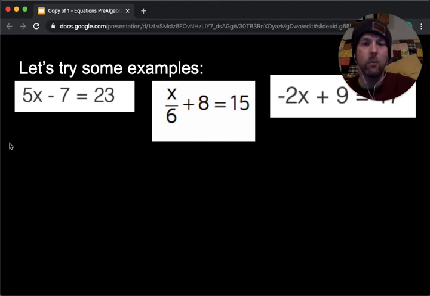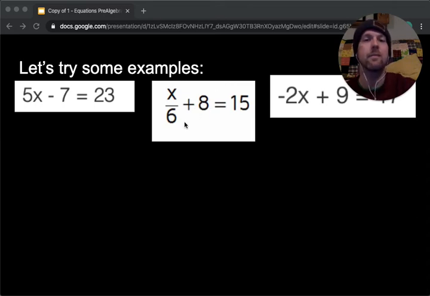I want to get rid of my 8 first. I have a positive 8 here. Anytime I'm adding something, I'm adding more to it, so it's going in a positive direction. So since I have a positive 8, the inverse of positive 8 is negative 8. So I'm going to subtract 8 from both sides.